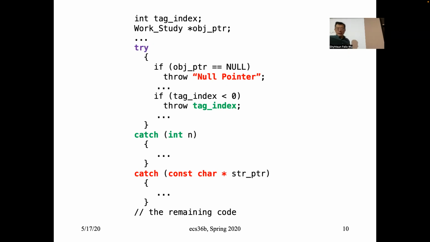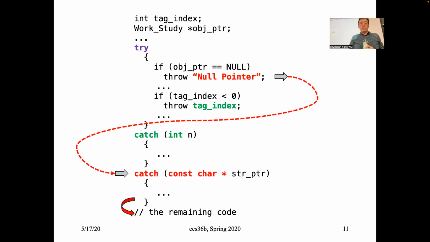So if you decide to throw a string, then the control would transfer directly to the second clause because it is expecting a string. After you finish that, you go out. You skip the rest of the code, and you're not going to do anything for the first one.